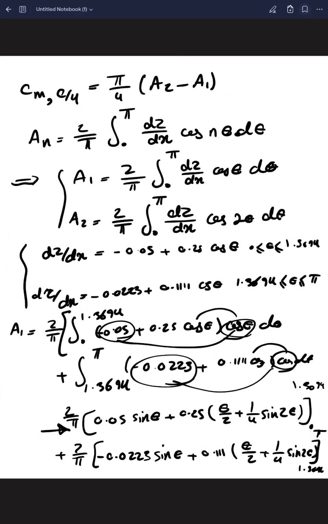And we want to add another page here. Okay, so this is for A1. A2 is a bit more difficult because we are dealing with a cosine of 2 theta.